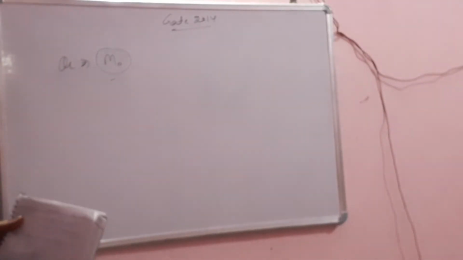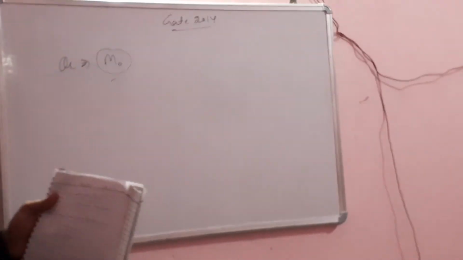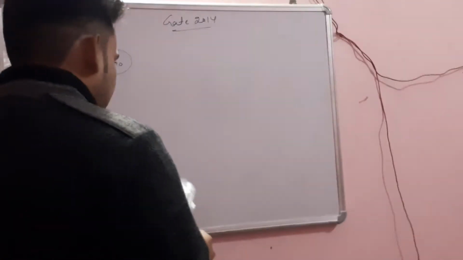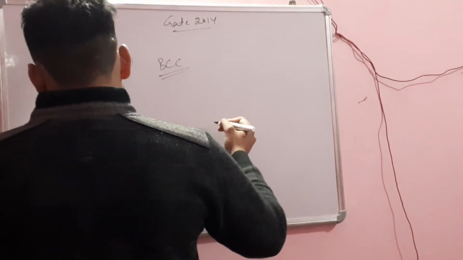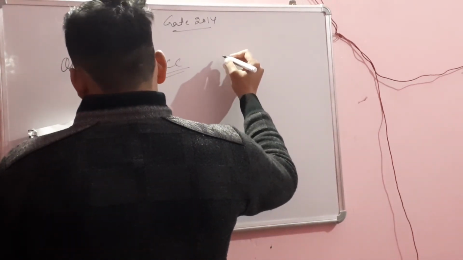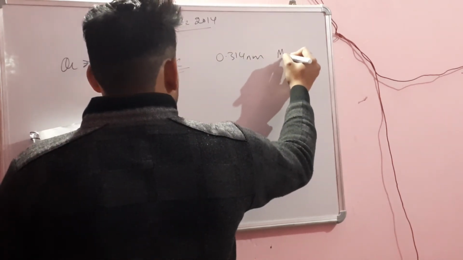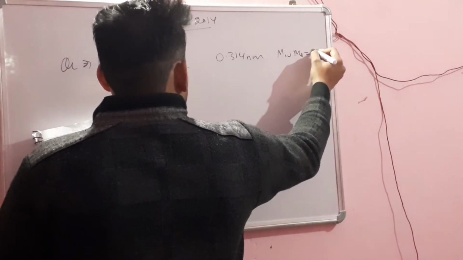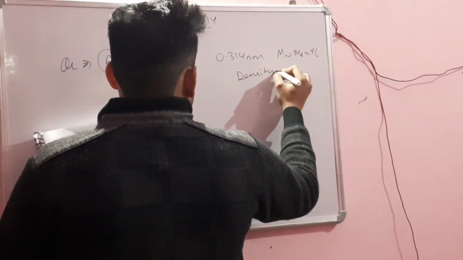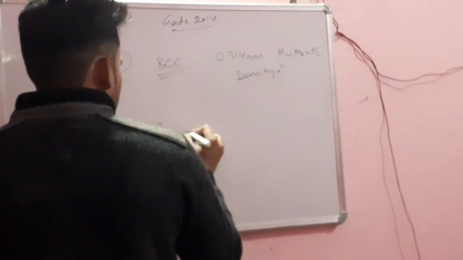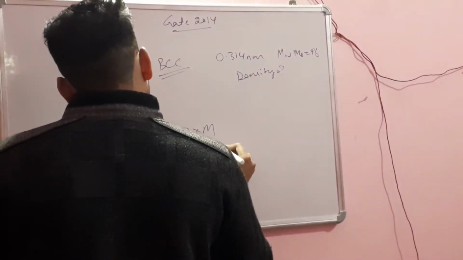It has a BCC structure, the unit cell dimension is 0.314 nanometer, and the atomic weight of molybdenum is 96, and you have to calculate the density. The formula of density is Z into M upon Na into a cube.